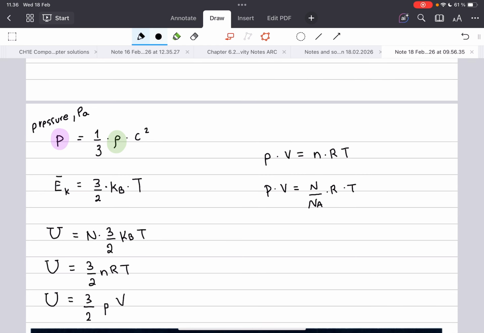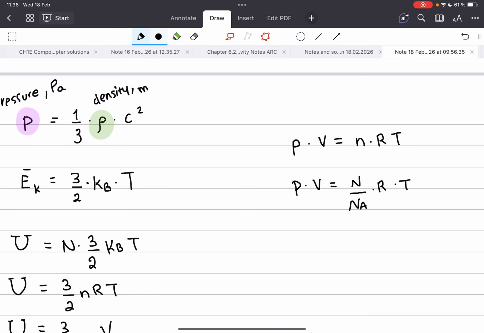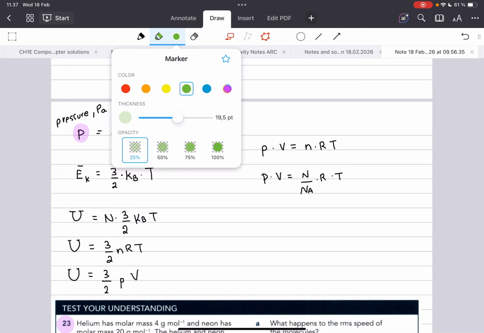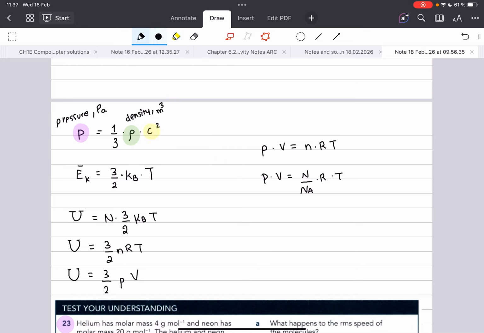Watch out, this is not pressure, this is a rho, the density, times the speed that we just saw to the power of 2, where c is the root mean square speed, and it has units meters per second. So we could actually find the pressure if we know the density and we know the speed as well.